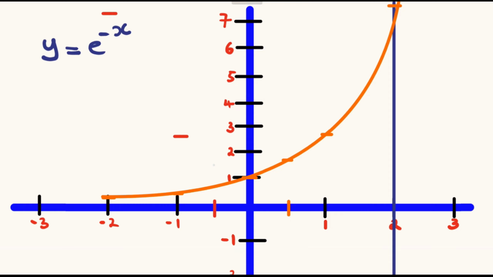When x is negative 0,5, y will be 1,648. And when x is 0, y will be 1. When x is 0,5, our y will be 0,606. And when x is 2, y will be 0,1353. So let's join our points.